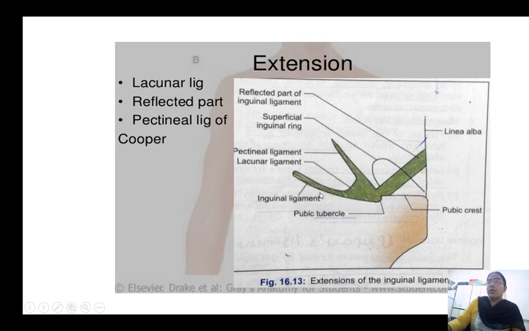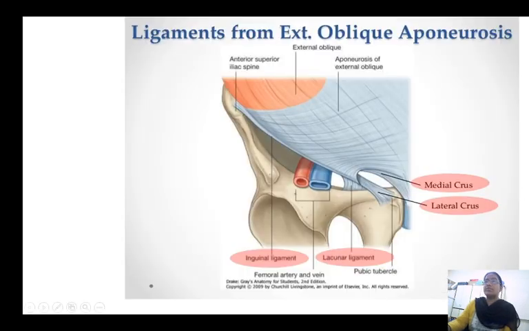The external oblique aponeurosis, as you have seen, gets thickened and folded on itself and forms a ligament extending from the anterior superior iliac spine to the pubic tubercle, called the inguinal ligament. This has some expansions or extensions of the external oblique.